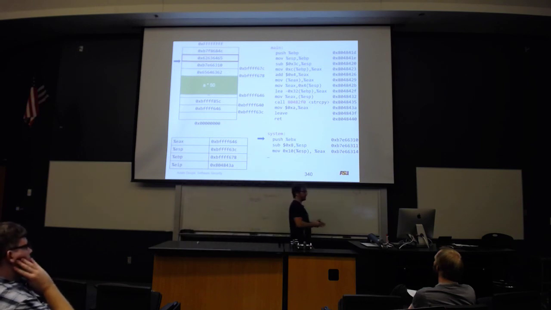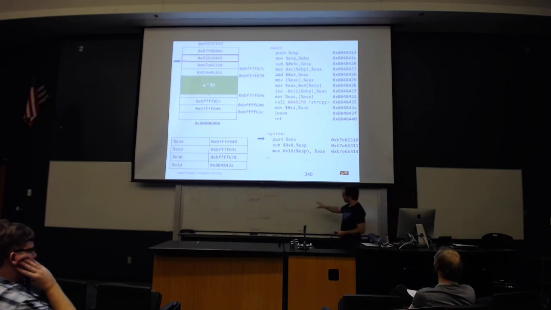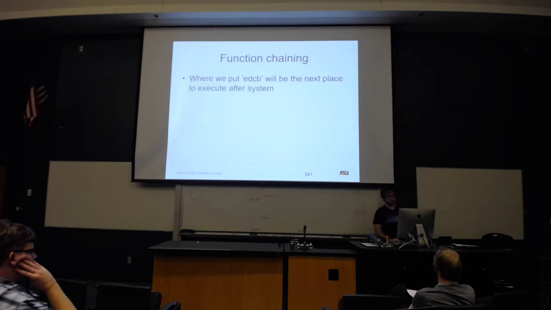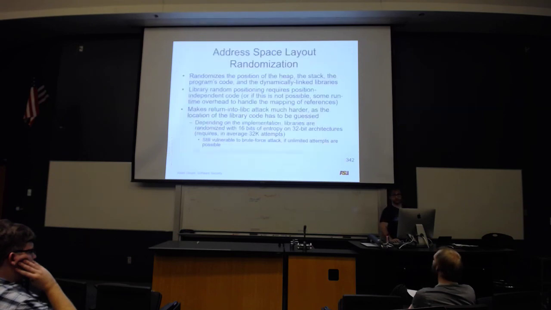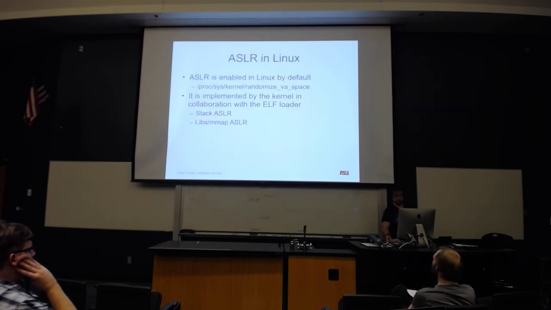So it's very hard to have global data in a program that is going to be moved around. You actually have to lose some performance overhead by devoting your register to always keeping around your location in memory. On 64-bit platforms, this is no longer the case, so ASLR is much more performant and is enabled by default.